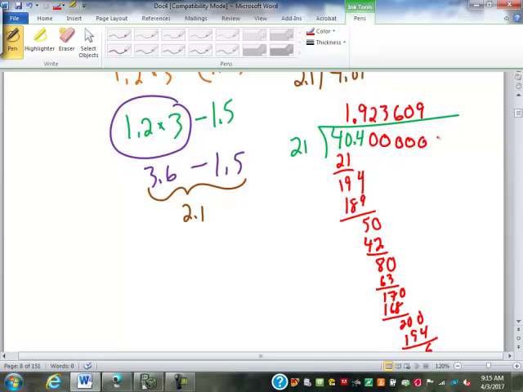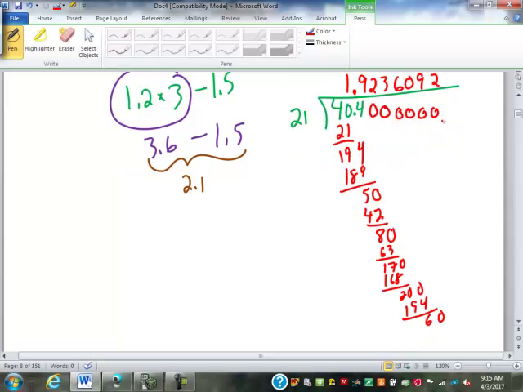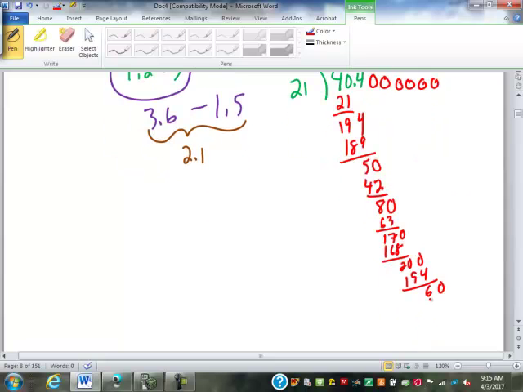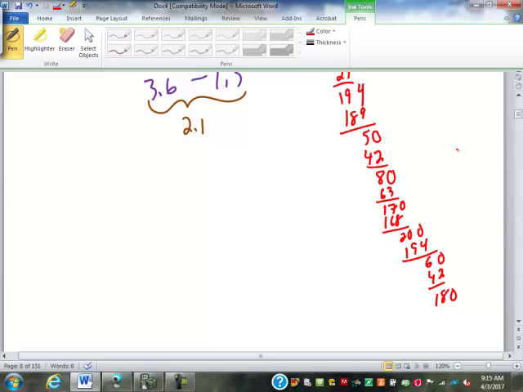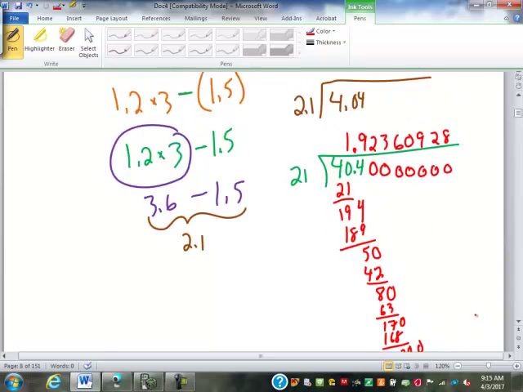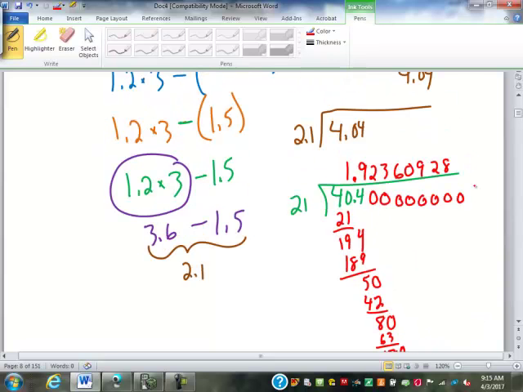Leaves us with a 6. Add a 0. 21 goes into 60 twice. 42, that's 18. Add a 0. 21 goes into 180 8 times. That's 168. That's 12. Add a 0. 21 goes into there 5 times.